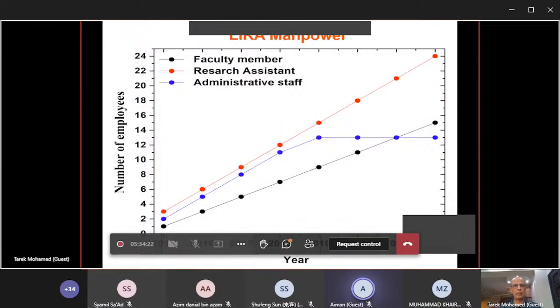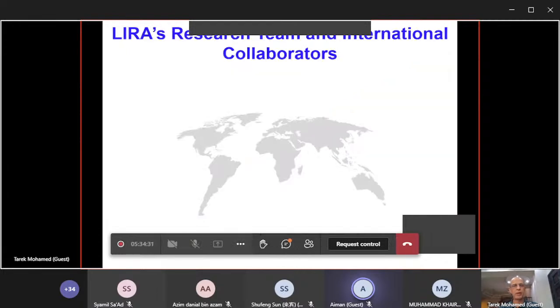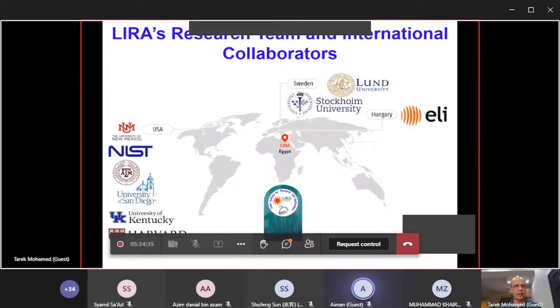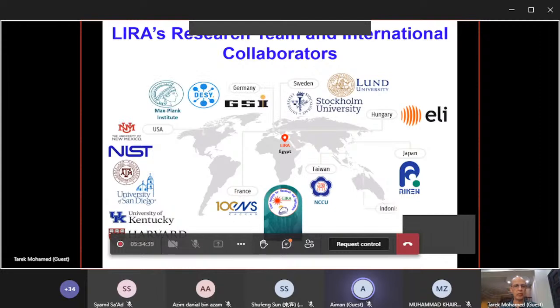Here is LIRA manpower: members of research staff, administrative staff, and faculty members, growing with time. And this here shows where we collaborate. Most of this we did on paper, and some of them are active, and some of them will be activated in the future.